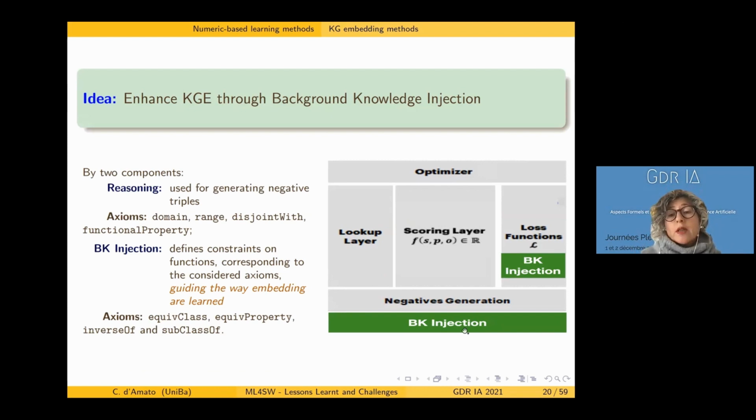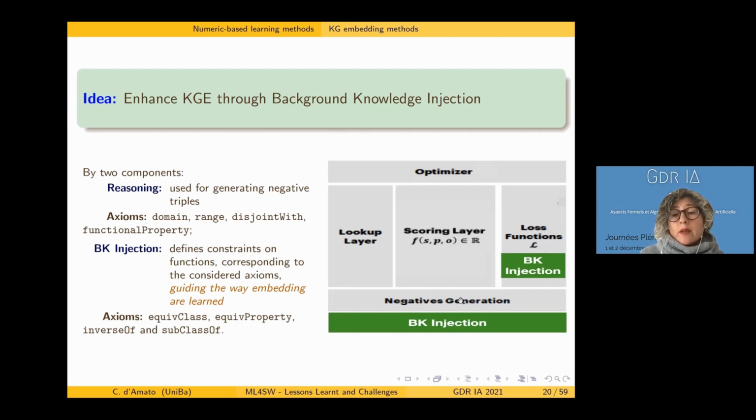The first component is developed for building up an informed way of generating the negative examples, particularly by exploiting axioms that are already present in the background knowledge, and these are domain, range, disjoint with, and functional property axioms, and by exploiting a suitable reasoner with the final goal of limiting the number of false negative examples that can be generated.